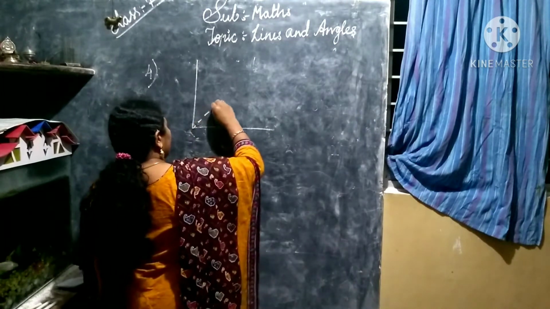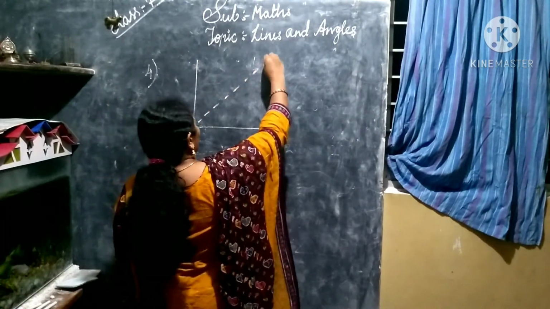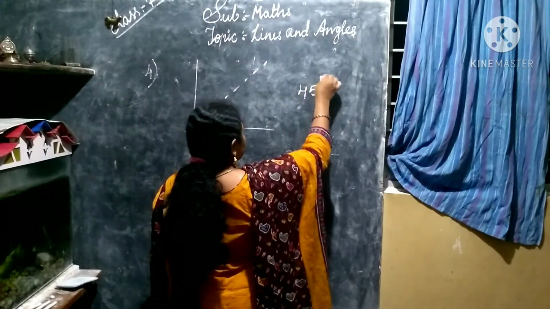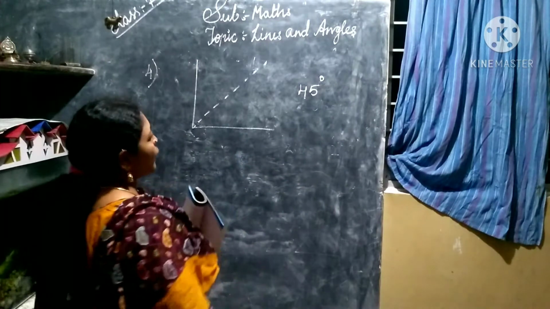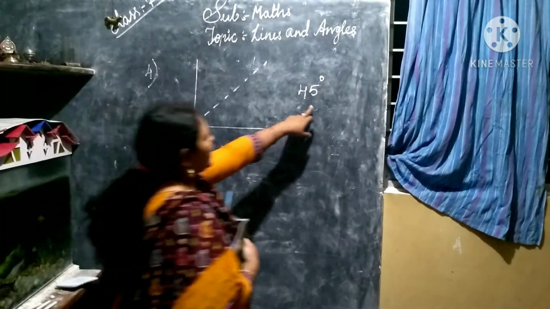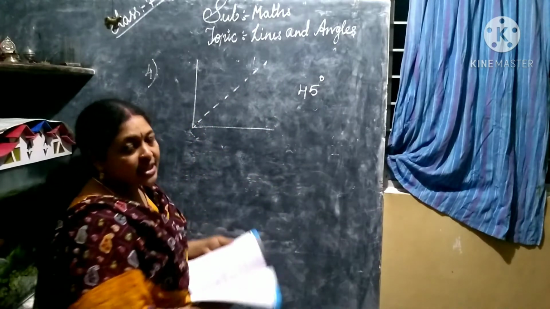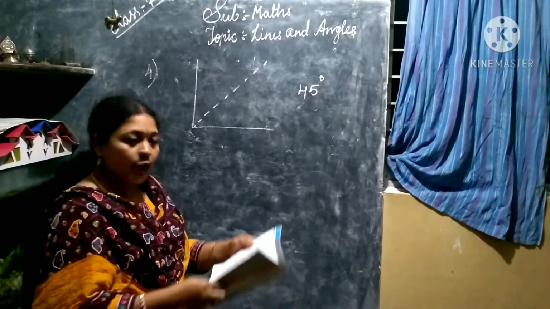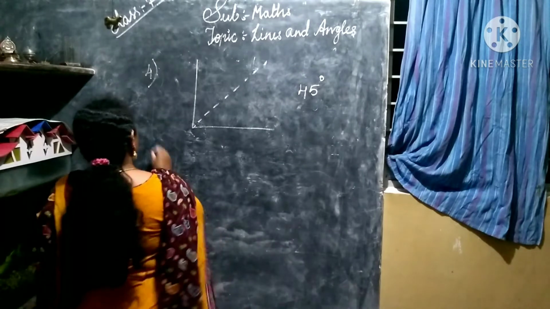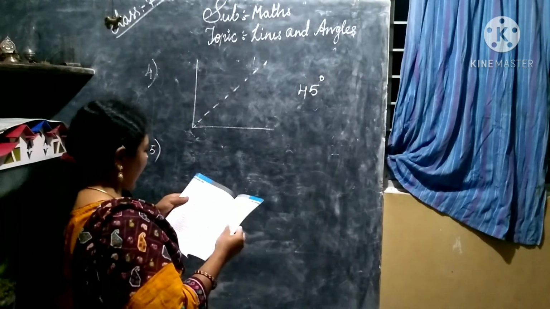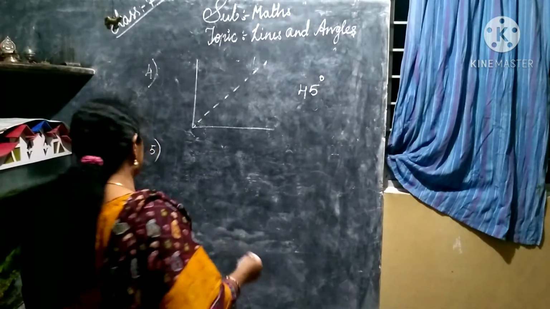If you have to make an exact equal, what will be the exact equal? It is 45 degrees. So the answer for the fourth one is 45 degrees, or you can draw an angle and show 45 degrees. So that is the exact equal of a complement. Similarly, the fifth one is asking you to find the angle which is equal to its supplement.